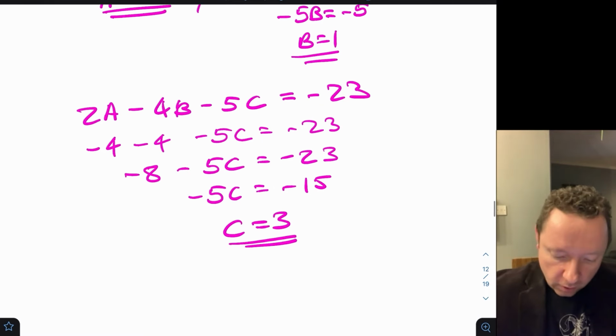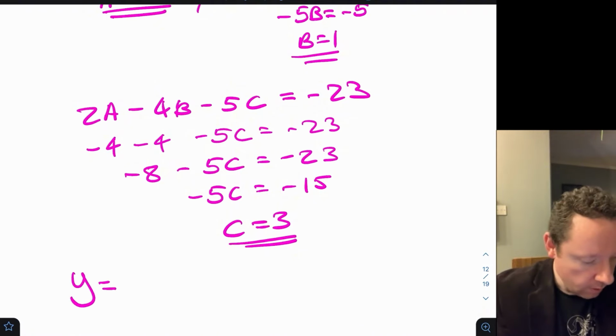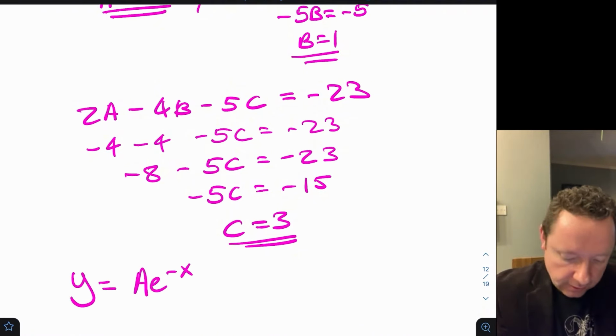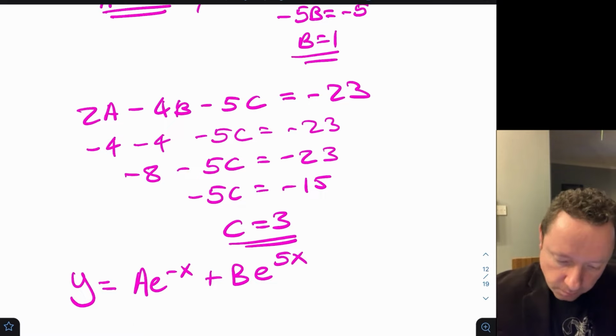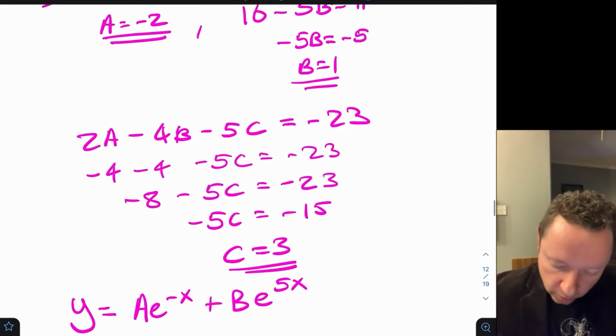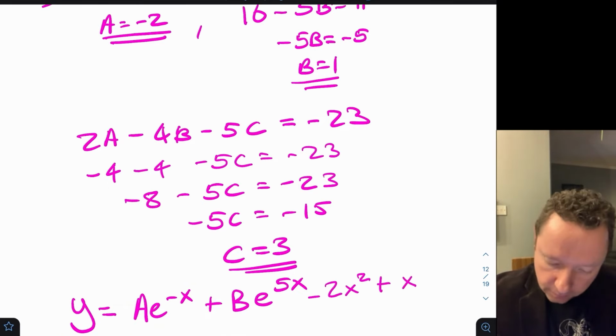So now we know that our y must equal a e to the minus x plus b e to the 5x minus 2x squared plus x plus 3.